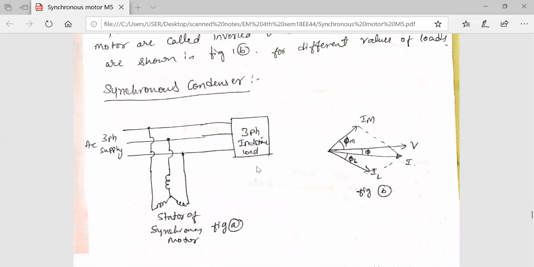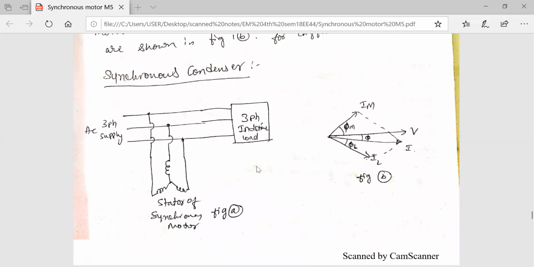So what is a synchronous condenser? This is a synchronous condenser. Suppose the over-excited synchronous motor acts as a synchronous condenser. It is running under leading power factor. It can be connected across, or shunt with, any industrial load like an induction motor.